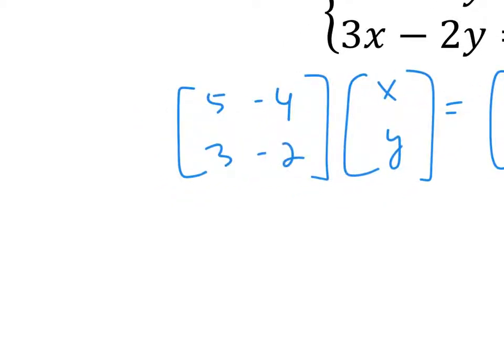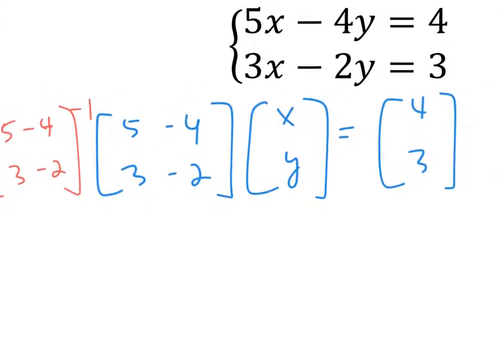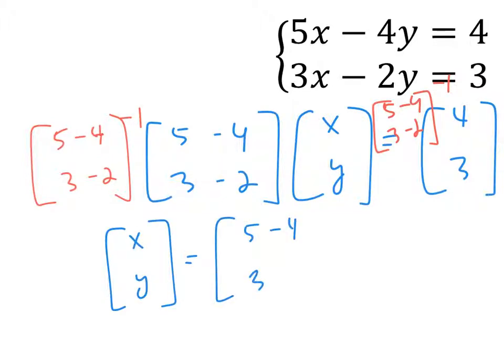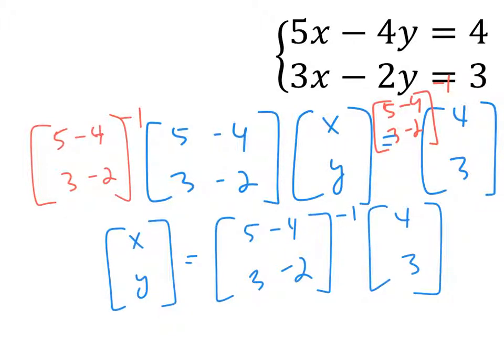So then we are going to multiply by 5, -4, 3, -2, inverse. And we're going to do the same thing here on the left. It's a little small. 5, -4, 3, -2, inverse. Okay, that's going to leave us with just the xy matrix. 5, -4, 3, -2, inverse times 4, 3. Okay, solve that one, and then I'll tell you what the results mean.